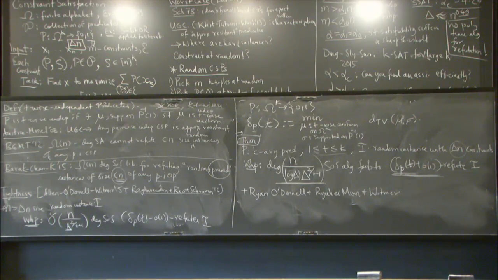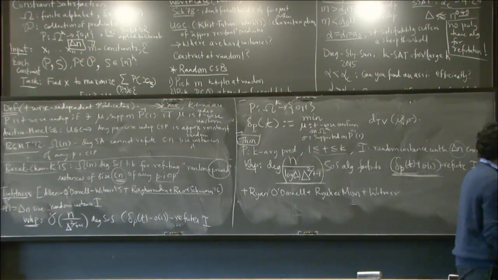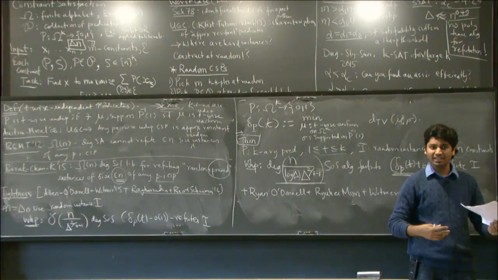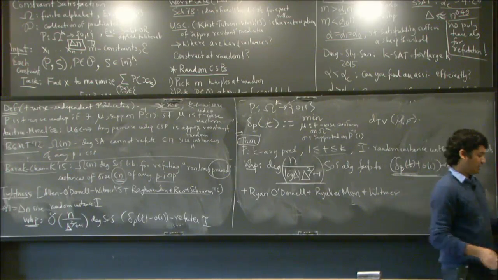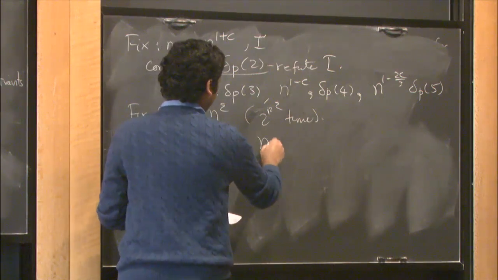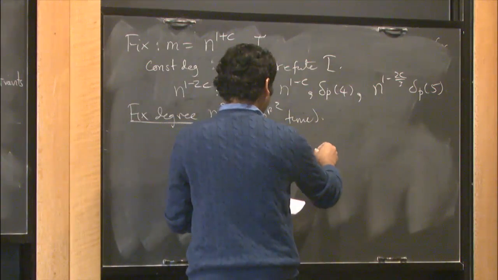So now let's do the other way around. Let's fix the degree of the algorithm. Since the running time is fixed now, so running time 2 to the epsilon, we are trying to understand how the strength of the refutation varies with the number of constraints, right? You can delta p of 2 refute when the number of constraints is between.